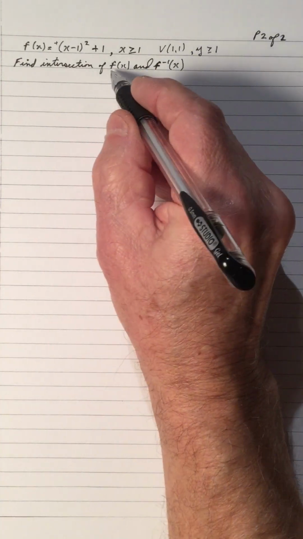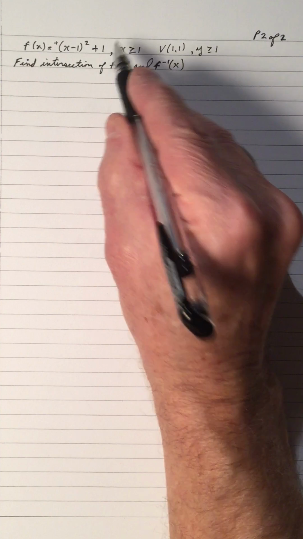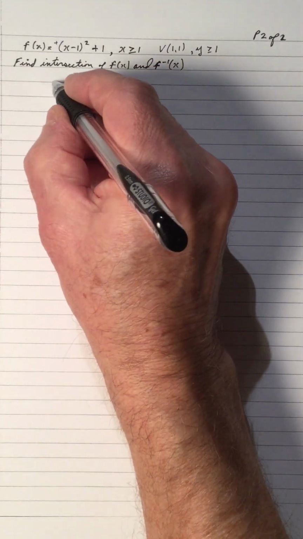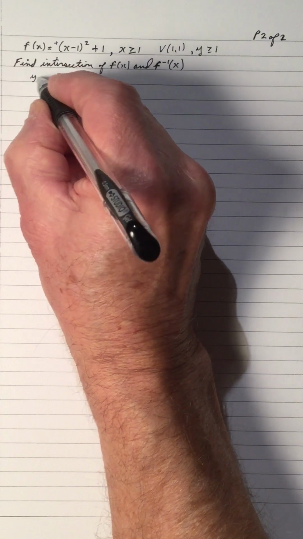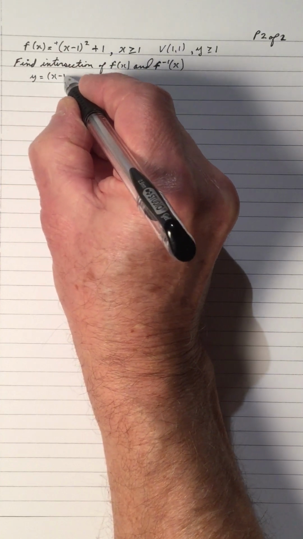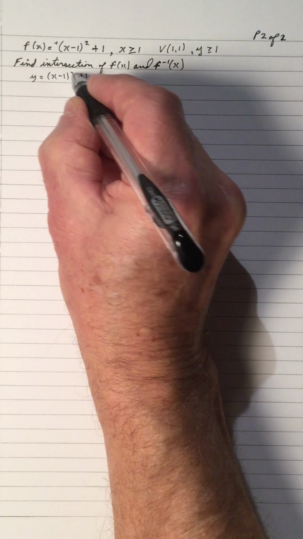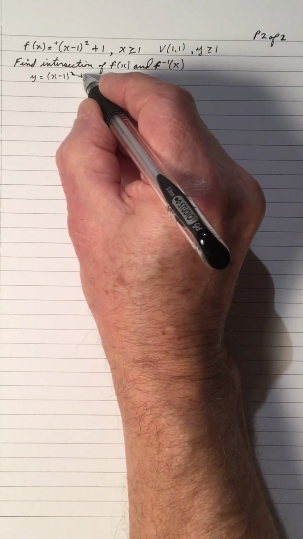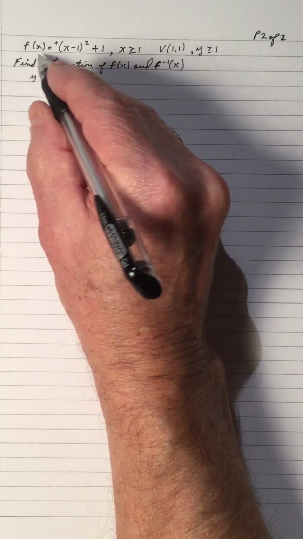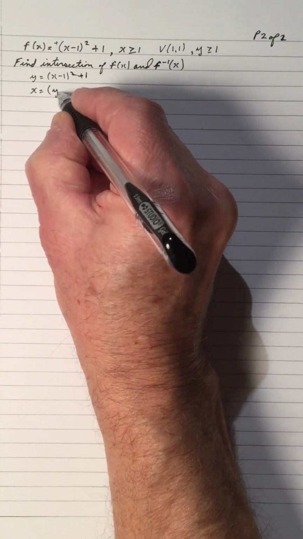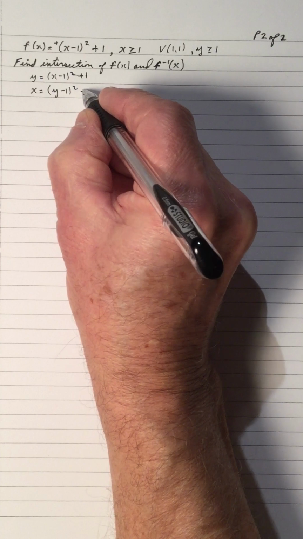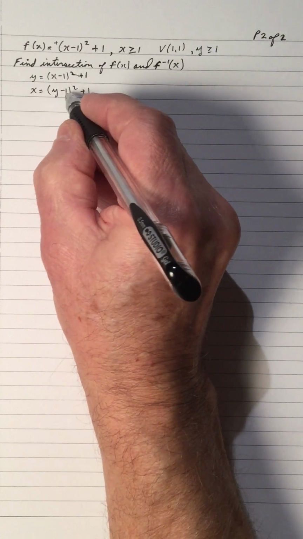It says find the intersection of the f of x, which we already have, and its inverse. So let's work out its inverse. f of x is a y. So we change the f of x to y. Now we're going to change the y to an x and an x to a y, and now we're going to solve for y.